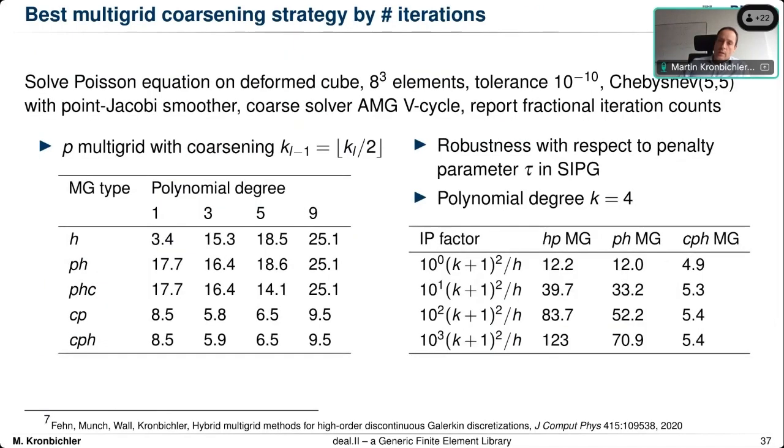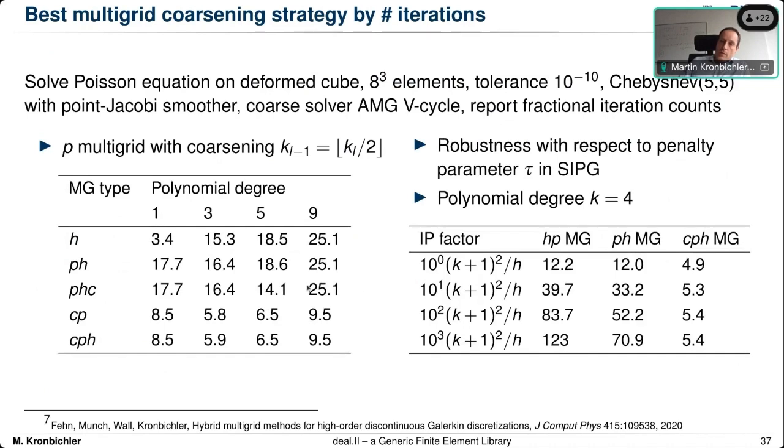iteration counts. Just quickly mentioning here, if you do DG discretizations of Poisson, which is the most natural space if you do incompressible flows, so Darcy or Navier-Stokes with incompressible fluid models, then you would see that when you do classical multigrid, you might get an increase in iteration counts when you go to higher polynomial degrees.